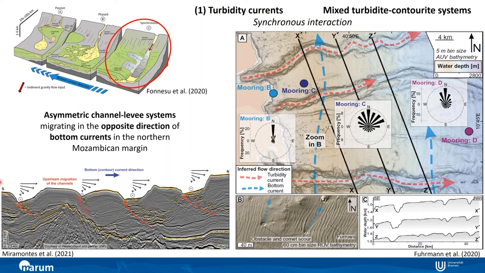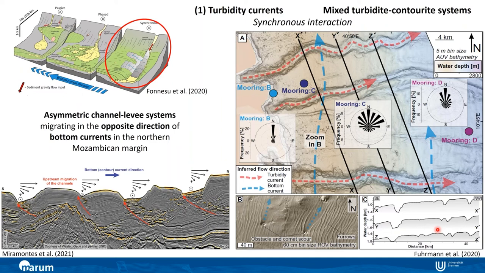So these are some examples from the northern Mozambique margin. And in the same area, in this paper by Furman et al. 2020, they also analyzed the present-day seafloor with ultra-high resolution bathymetry, and you can see also these asymmetric channels in this area, and they had also measurements in the same location that show that the current in this case flows towards the north, where the levee side is flatter and larger than the other side.